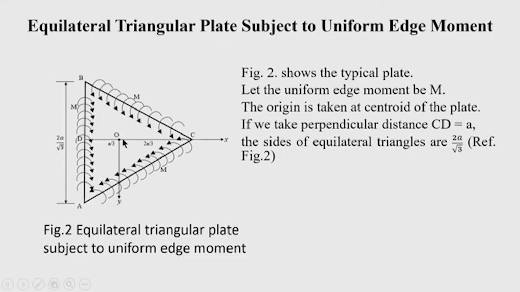The origin is taken at the centroid of the plate. So, that means from the base it is a by 3 and 2a by 3: if the altitude, that is this length CD, is a, then the centroid is situated at a by 3 from the side AB, and from the apex C it is at a distance of 2a by 3. Okay.